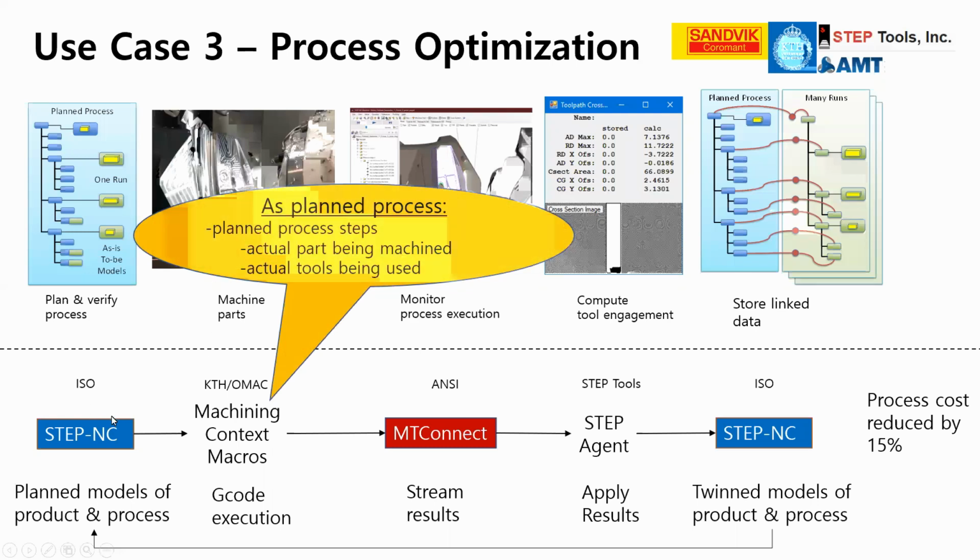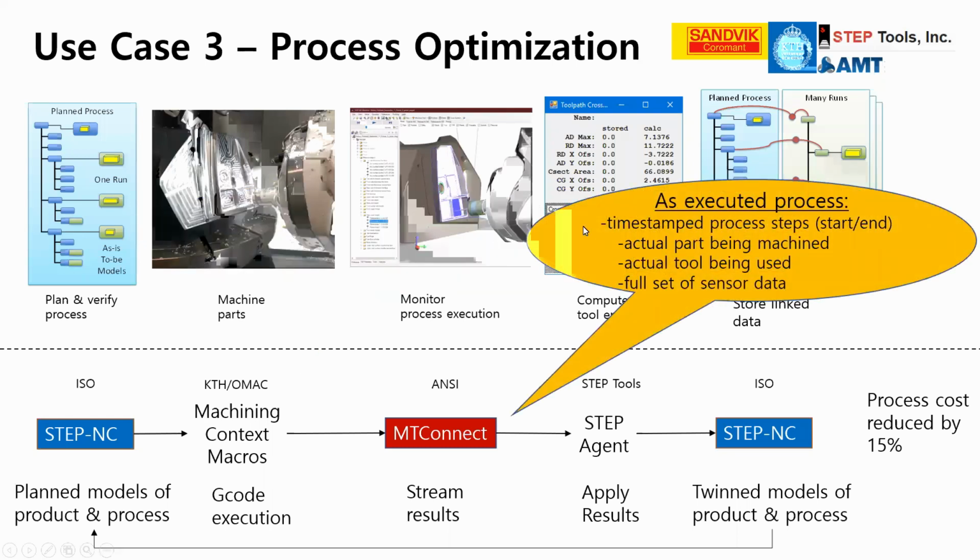How we do this is that we enrich the G code with planned process steps and also provide the actual part serial number being machined and the actual tools being used. As the machine is processing this information, it will timestamp the process steps and send the actual part and actual tool information together with a full set of sensor data in the MTConnect stream.